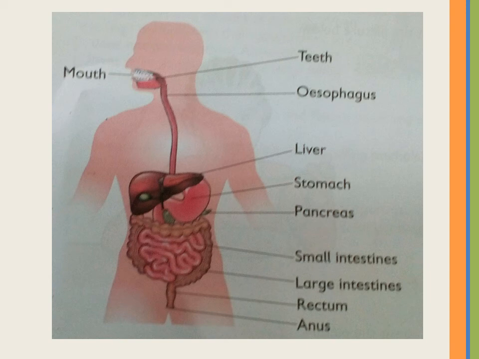This helps in absorption of water and mineral salts into our bloodstream. No digestion occurs in the large intestine. The remaining food that is not digested is passed down to the rectum.